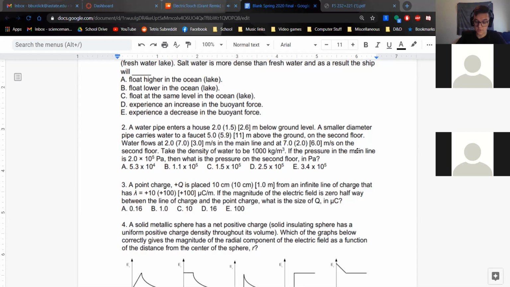So I would like to check, is anyone completely stuck on how to start this problem? All right, so no one says they're completely stuck. So I'm going to keep my mouth shut then.